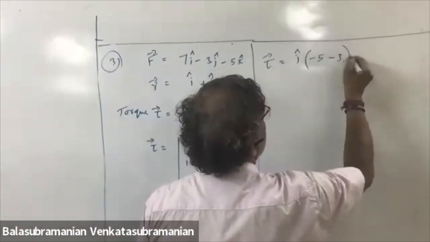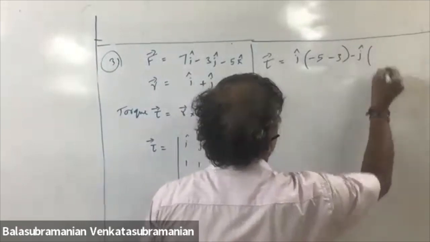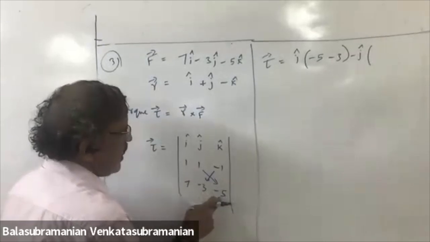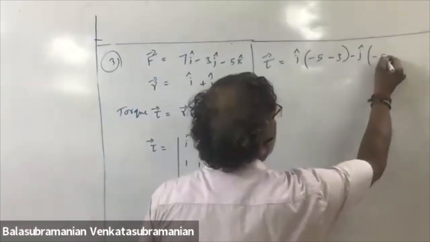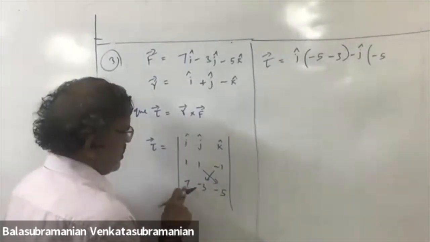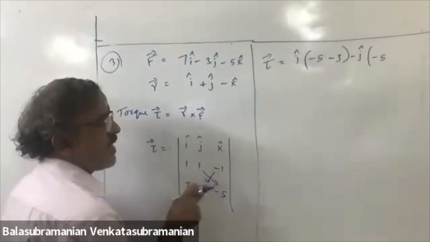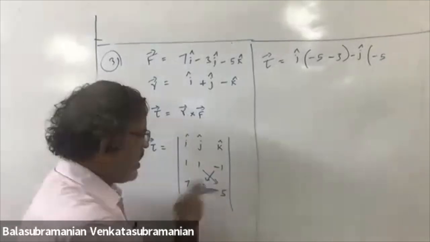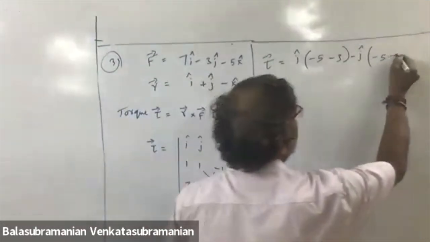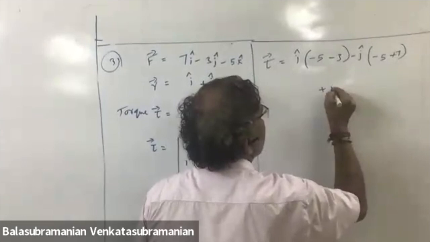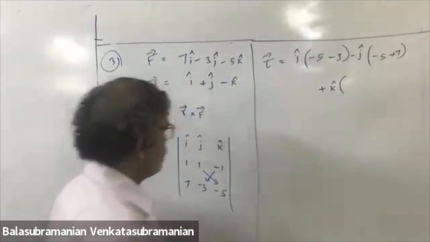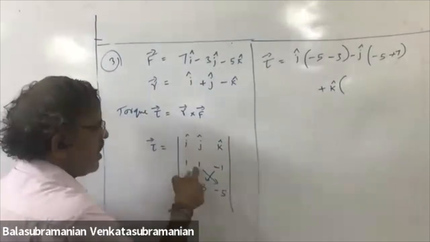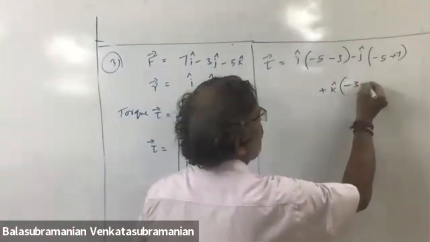Minus 3. Minus j into, leave this column and this row, 1 into minus 5. 7 into minus 1 is minus 7, but it is minus of the second. So plus 7. Plus k into this column, this row you leave it, minus 3, minus 7.